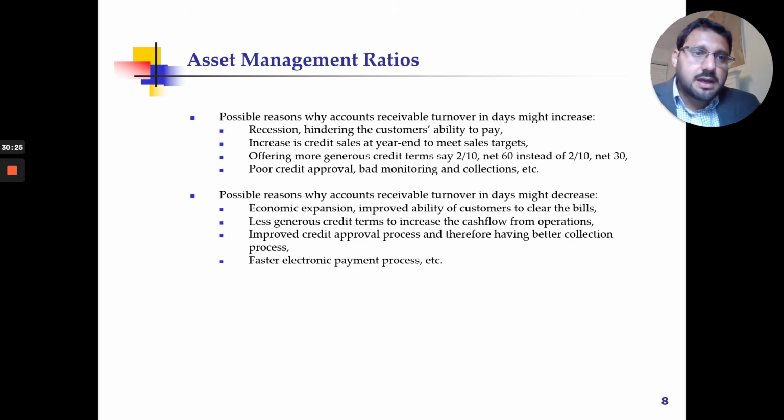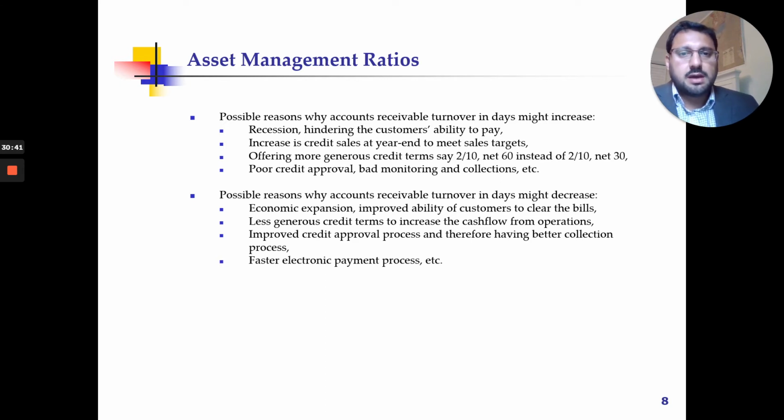Then sometimes the company wants to expand its sales, and maybe in doing so they have given generous credit terms, so they are less likely to receive the current level of receivables.